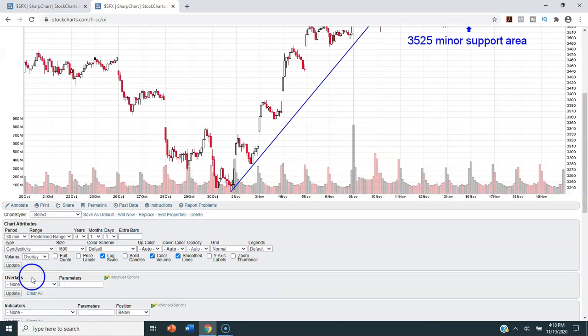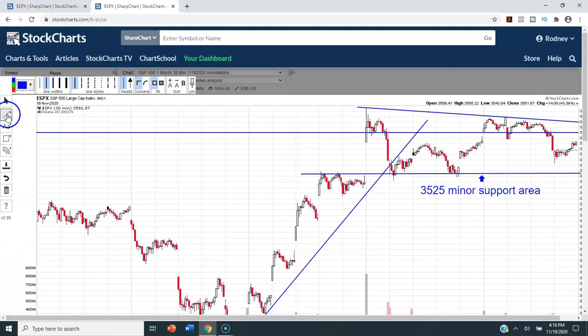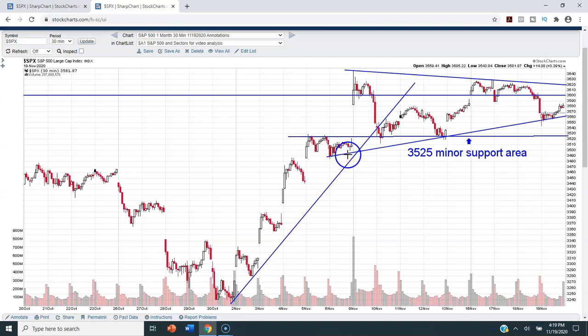And I'm going to make one more annotation just so you guys can see this. There's definitely a case to be made for the market consolidating, it's kind of in a wedge shape, right? If we connect a few of these candles like right here, so here we can see with this trend line that I just drew that there is a case to be made for the market forming a wedge here and consolidating.